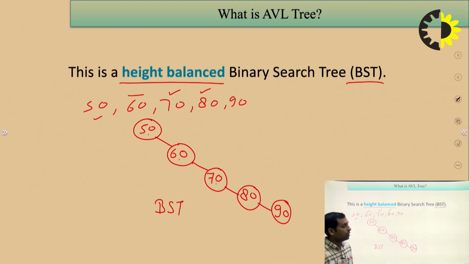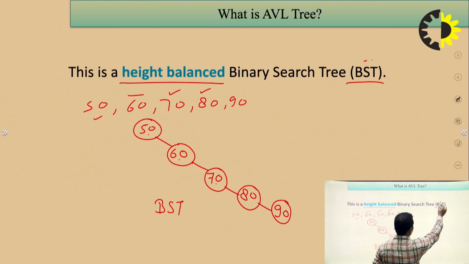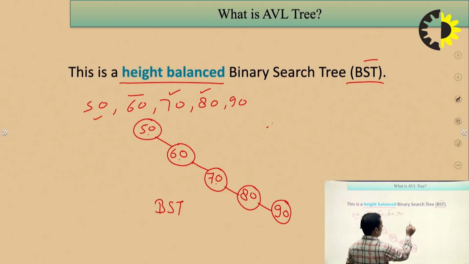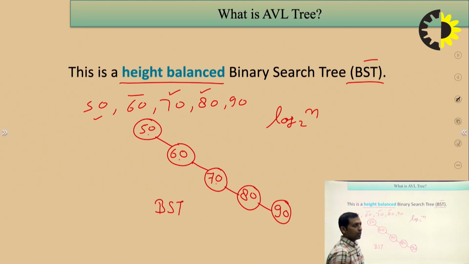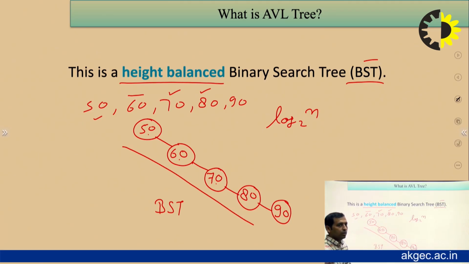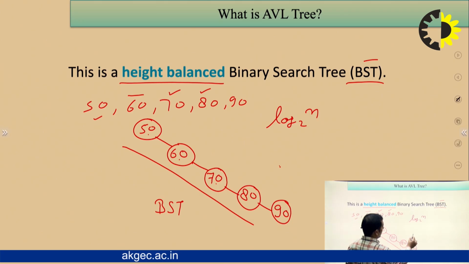A binary search tree is used for efficient searching in the form of log. Our target was to find the data in log n base 2 form, the worst case complexity. But in this case, our BST in this form is known as a skewed tree, or right skewed tree. In this case, our complexity will come in the form of n.